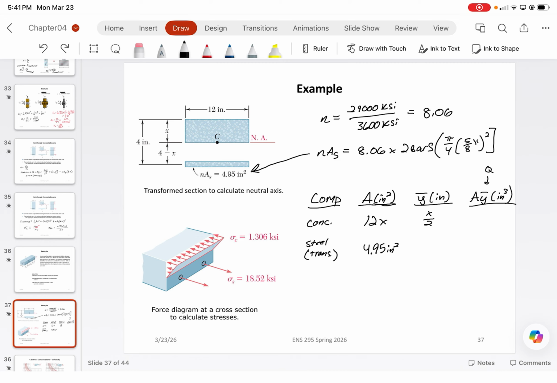So the neutral axis for this is just going to be x plus 4 minus x, where this is our reference point. So we're finding the neutral axis with respect to that point. This actually just simplifies to 4 inches.